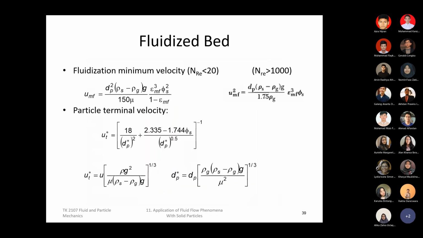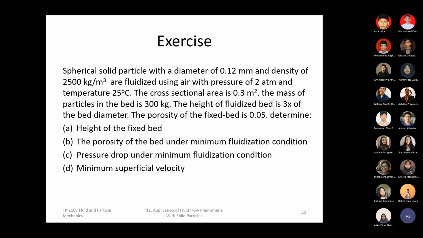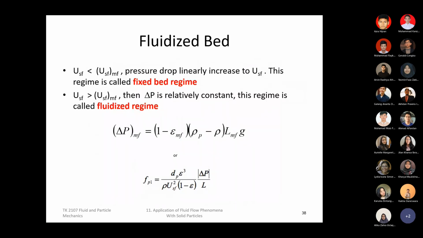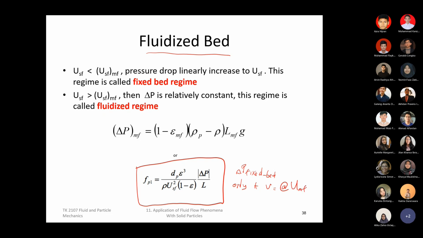Okay, so let me check. This is the last part of the chapter, to re-emphasize the pressure drop calculation. I said to you in the previous chart that you can use delta P for fixed bed, for a fluidized bed, only if velocity is calculated at velocity minimum fluidization.